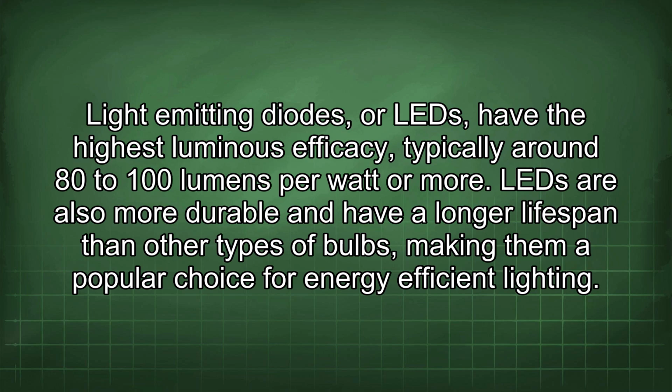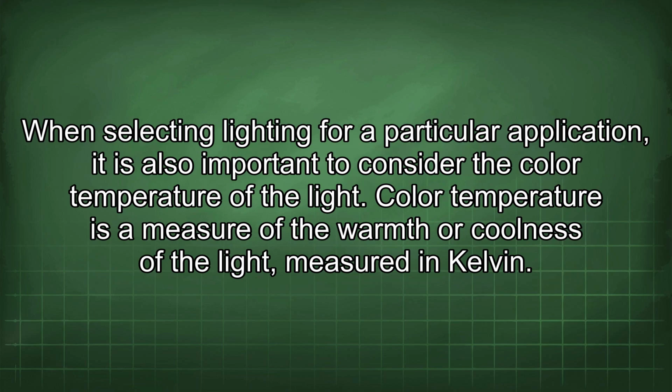LEDs are also more durable and have a longer lifespan than other types of bulbs, making them a popular choice for energy-efficient lighting. When selecting lighting for a particular application, it is also important to consider the color temperature of the light. Color temperature is a measure of the warmth or coolness of the light, measured in Kelvin.